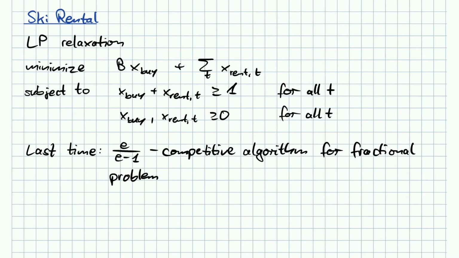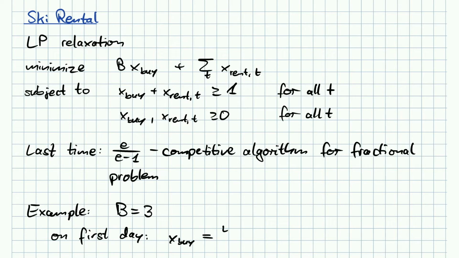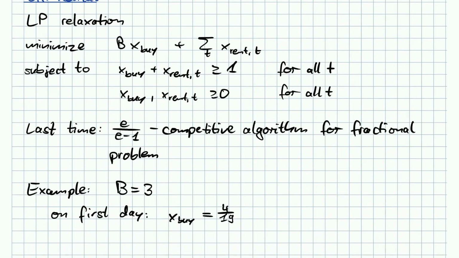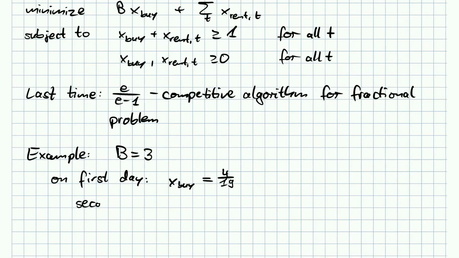So what might this look like? If, for example, the cost of buying the skis is 3, then on the first day we would set the buy variable to 4/19. On the second day we would set it to 10/19, and then on the third day we would set it to 1.